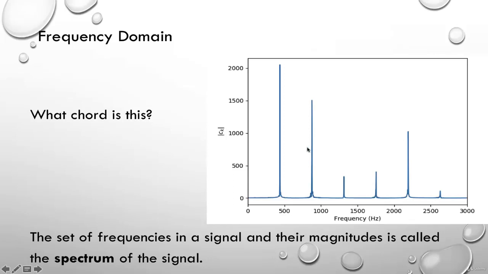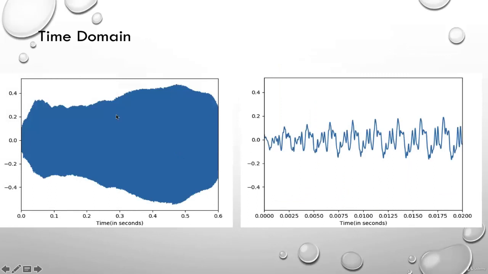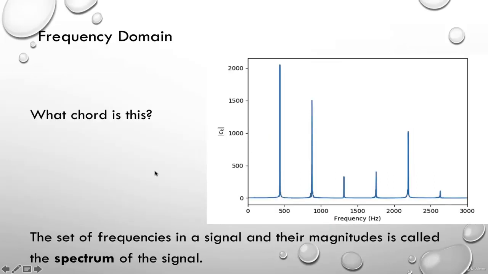From the time representation, we can't tell what it is, but from this representation we see that this is the A major chord, which is really amazing, that we can read that off using mathematics.